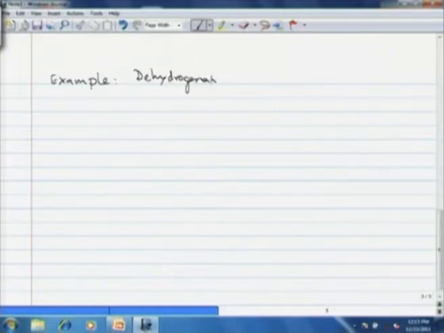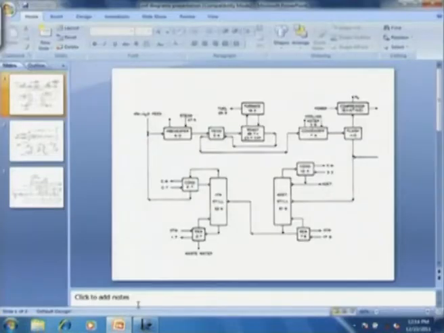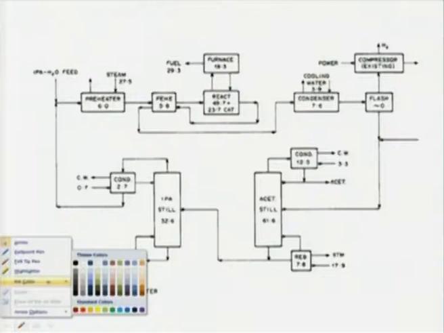Dehydrogenation of isopropanol to produce acetone. And now what you see on screen is the energy integrated flow sheet of this particular process.